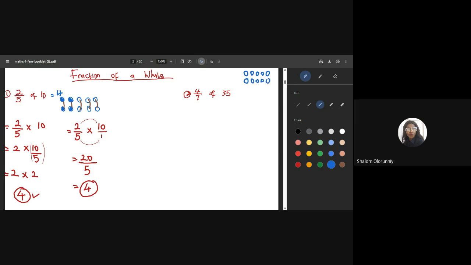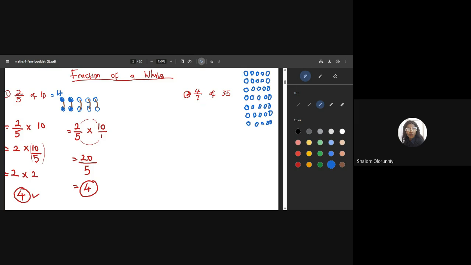I'm going to keep drawing 35 cupcakes. That's 15, 20, 25, 30, 35. Yeah. So now we have 7 groups, 1, 2, 3, 4, 5, 6, 7. 7 groups of 5 cupcakes, right?